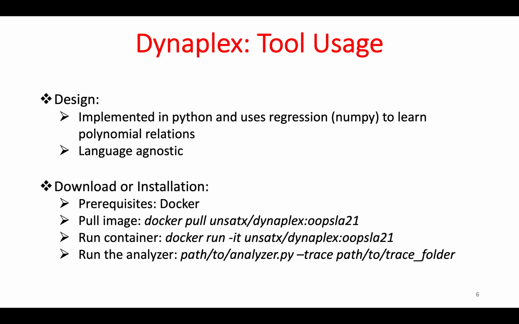Dynaplex is implemented in Python and uses regression to learn polynomial relations. Dynaplex is language agnostic. It can analyze programs written in any language, as it runs on traces, not the source code of the program.